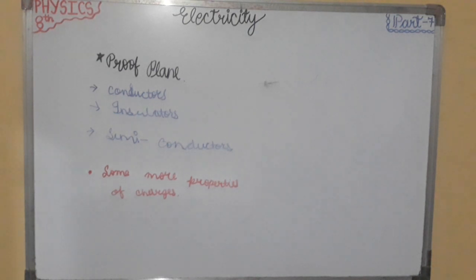Why does the charge reside on the outer surface? Assume that the charges are present inside a sphere. Consider a charge A. A gets repelled by all the charges present inside. Now assume that the charges are present on the outer surface of a sphere and consider a charge A. A gets repelled only by its neighboring charges.